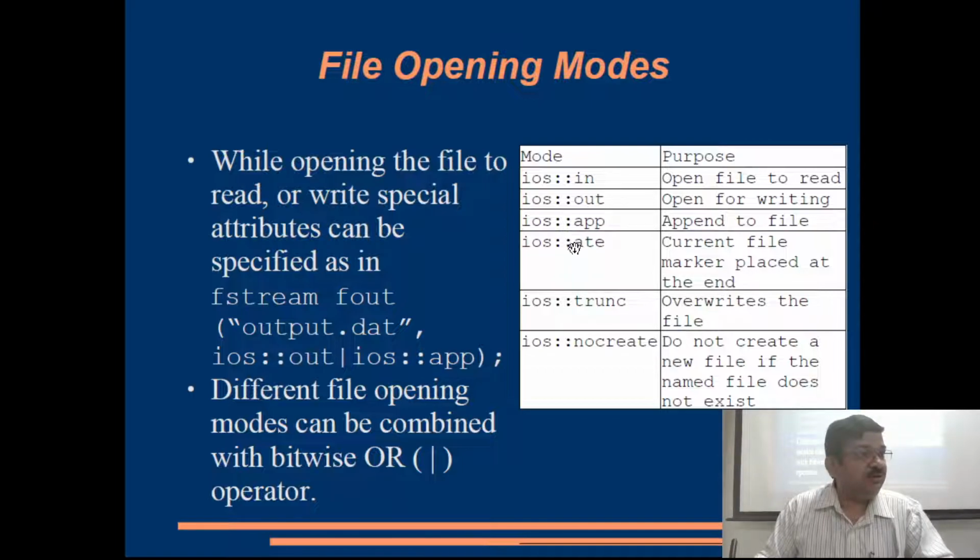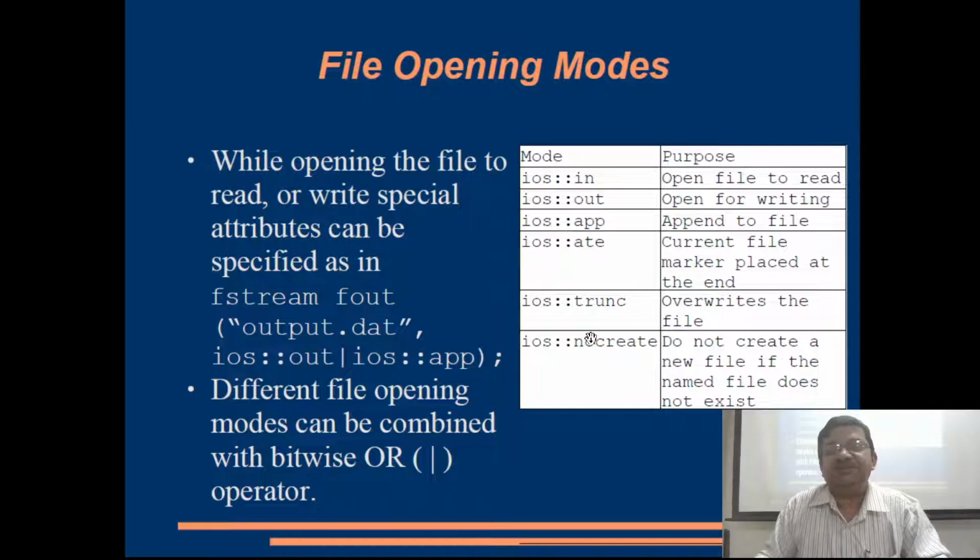If you don't use append, then specifying out only will overwrite the existing contents, right? So ate is actually what it says: at the end. Place the marker at the end of the file, right? Trunc will overwrite the file.